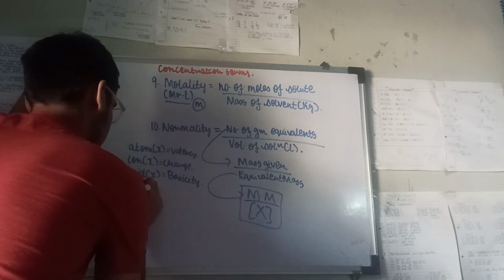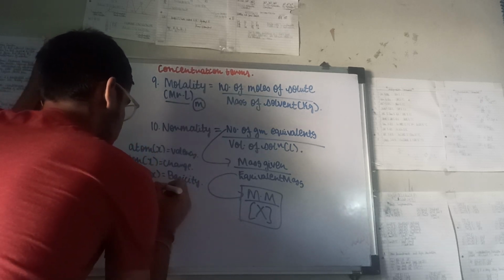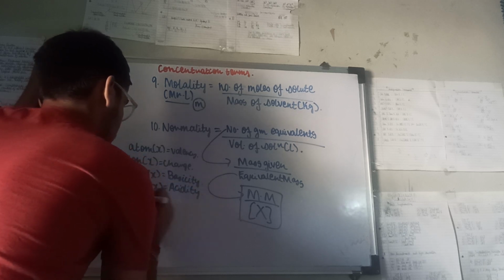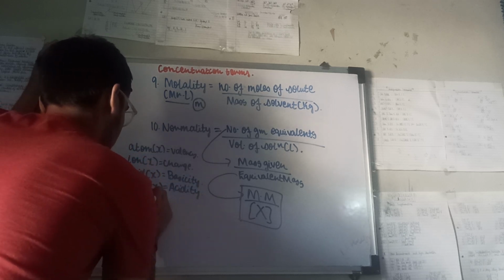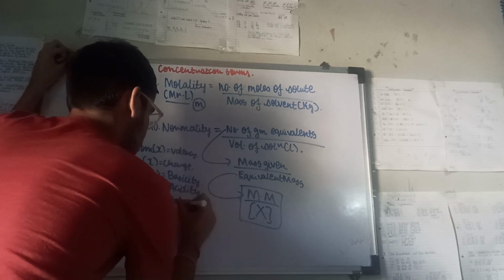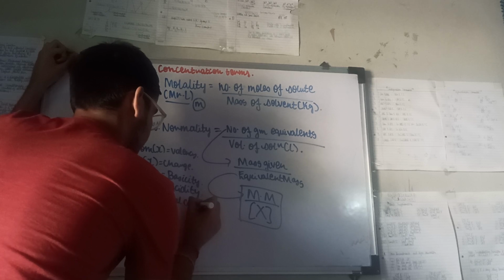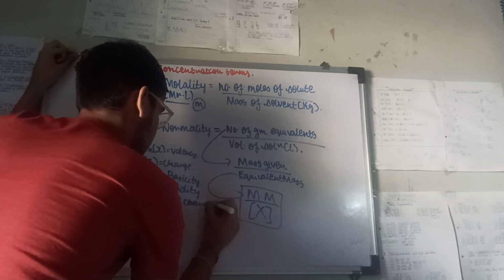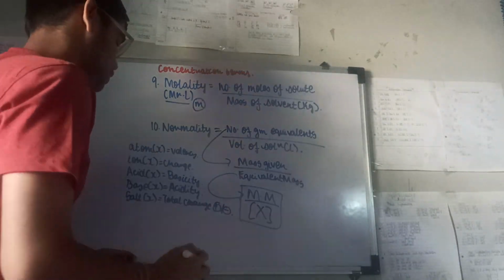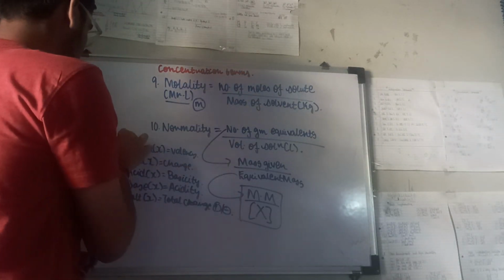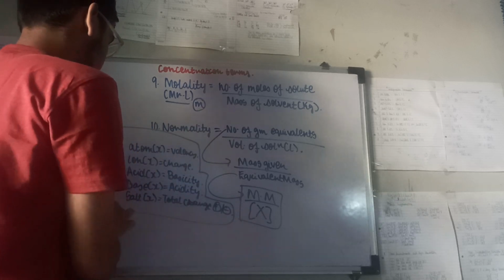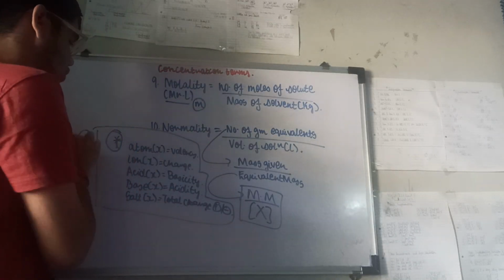For bases, X is acidity. For salt, X is total charge on cation or anion, total charge on cation and anion. This is for X. Note this down please, because direct questions are framed on this.